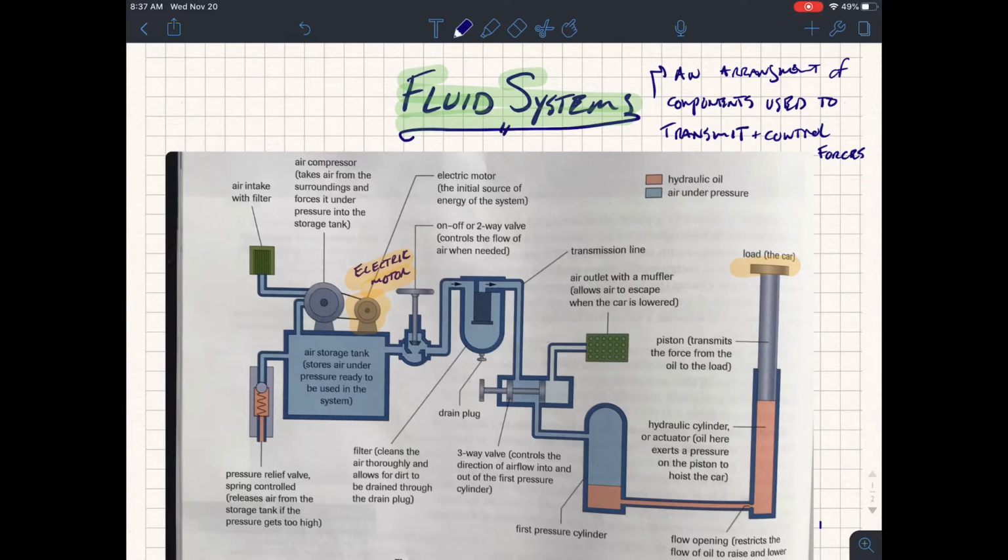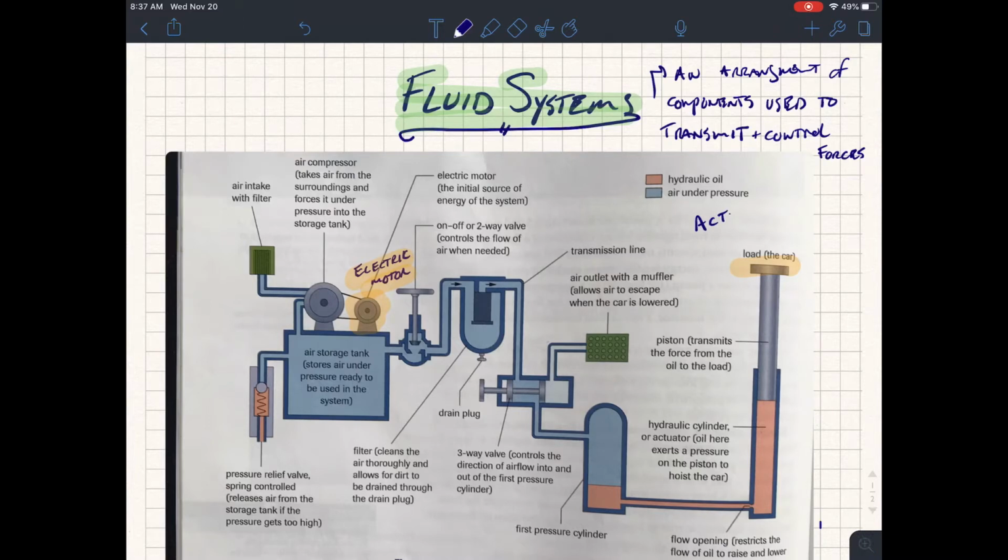There's a special name for the final output device. We're going to transform electric energy into fluid pressure throughout the system, but at the end of the system, we want to change that fluid pressure and force into some useful form of energy. The device at the end of the system that transforms fluid forces into a mechanical force, like a lifter or a pusher, is called an actuator.